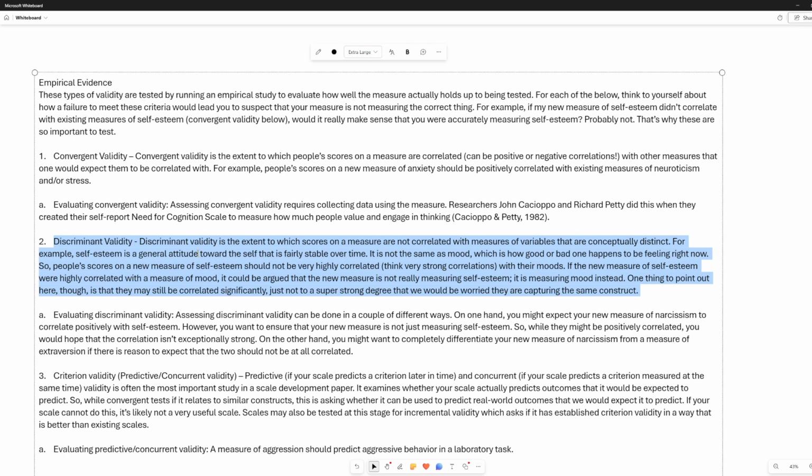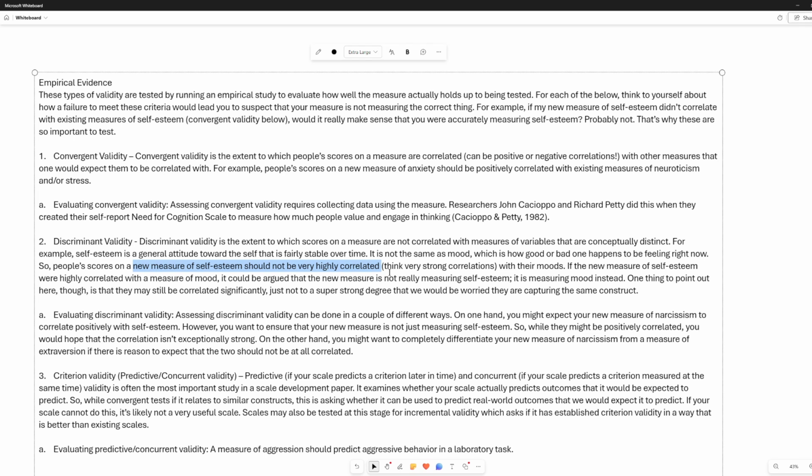Right, so another thing is that self-esteem is a general attitude toward the self that is fairly stable over time. It's not the same as mood, which is how good or bad one happens to be feeling right now. And so what researchers might expect is that a new measure of self-esteem should not be very highly correlated, again, think very strong correlations here, with just their mood right now in this moment.